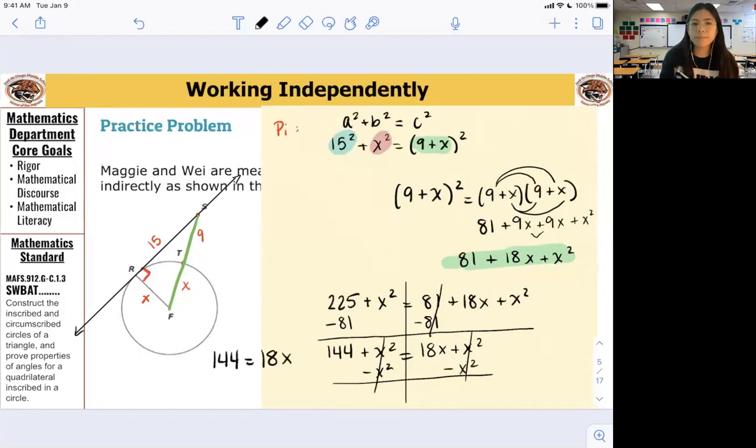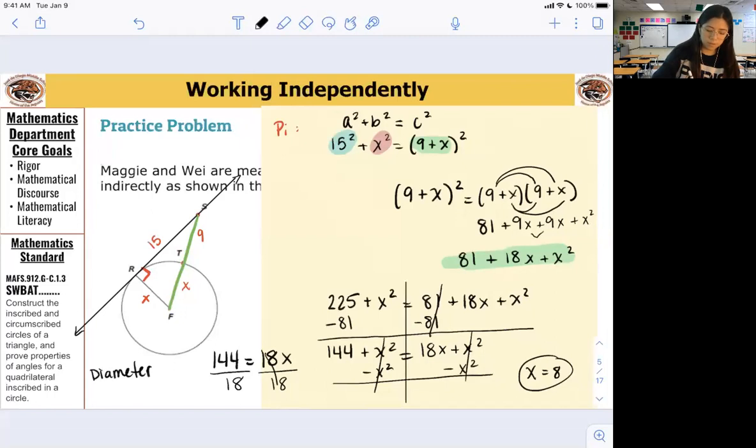So my final step, divide by 18. What do I get for x? X equals 8. Good. If x equals 8, then what's the diameter? Very good, guys. 16.